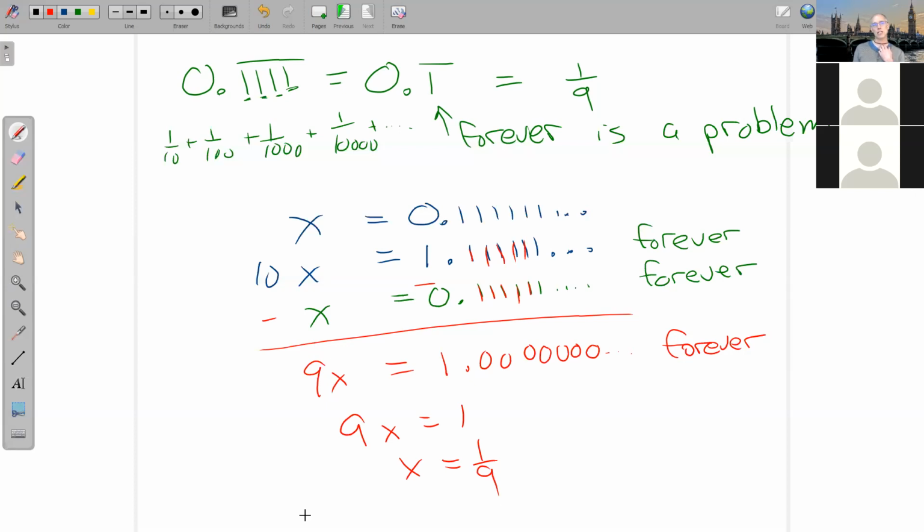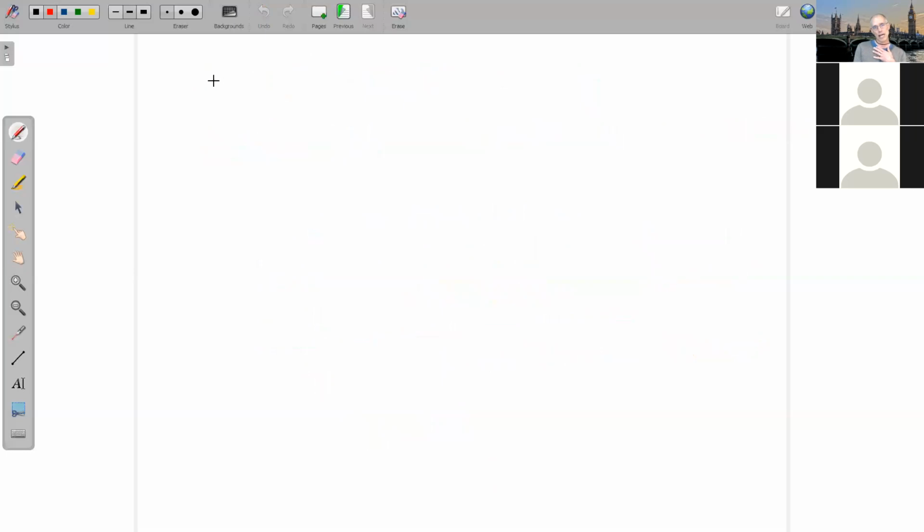So I'm going to do that again on a slightly more complicated one. So what if I had 0.131313? Get the point? In other words, in this case, the 1 and the 3 repeat together. So that's my pattern. That repeating pattern is a problem, and I want to get rid of this forever here.